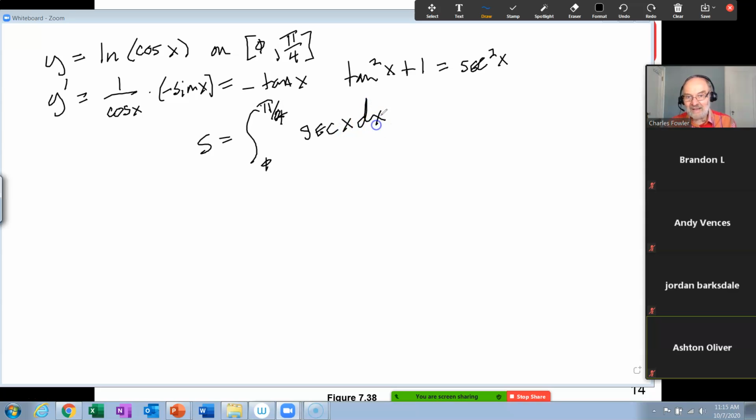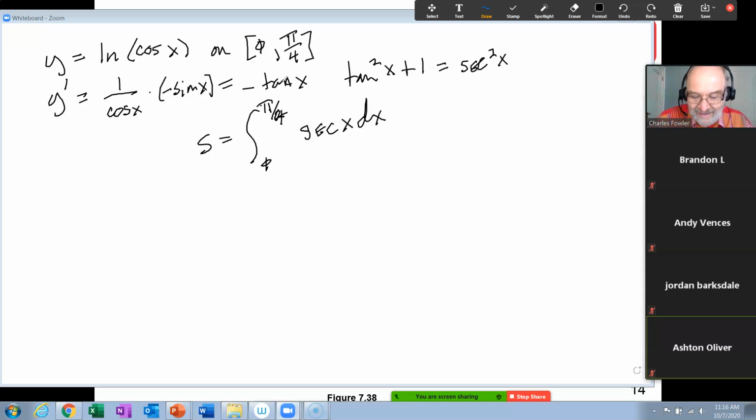dx. Now, what's bad about this problem, it was going so nicely, is what is the integral of secant x? It's a weird integral, okay? And what I would recommend, because I don't like memorizing these things, is go to the front inside cover of your text or any integration tables you may have handy and look up the integral of secant x.